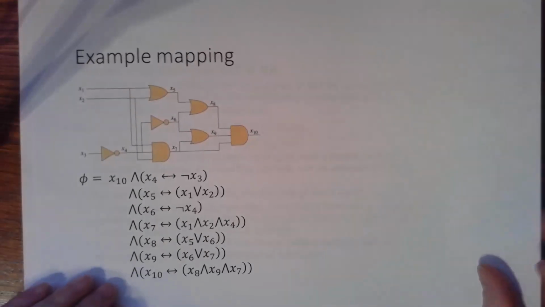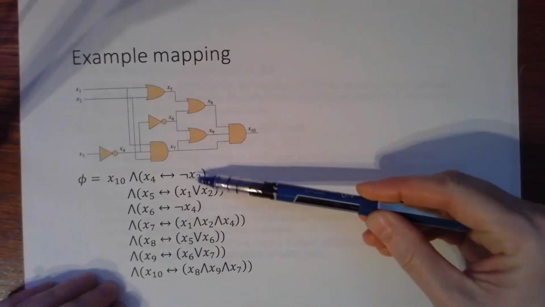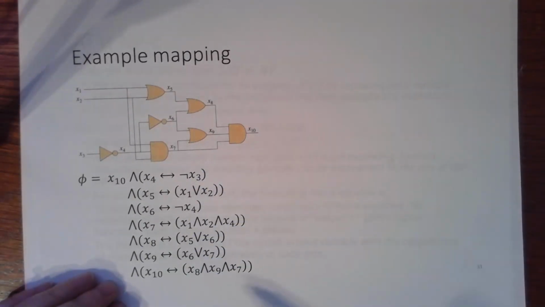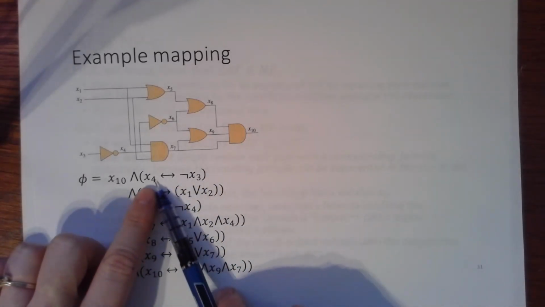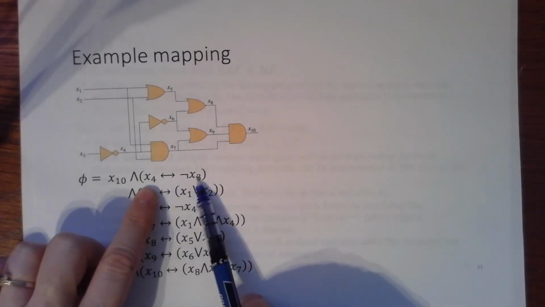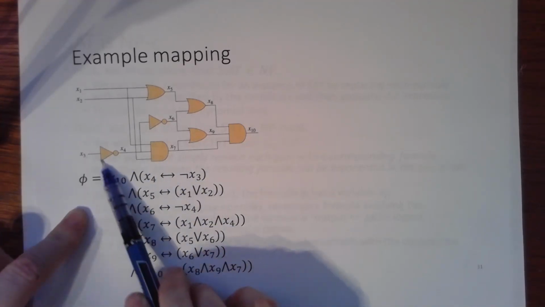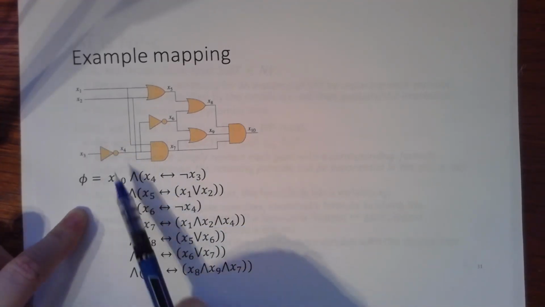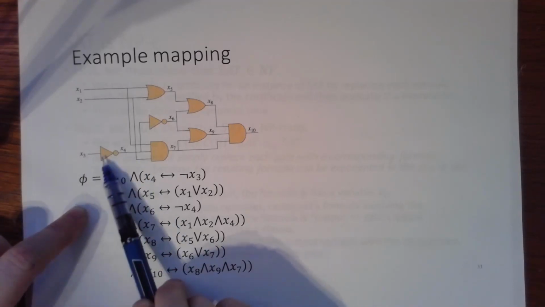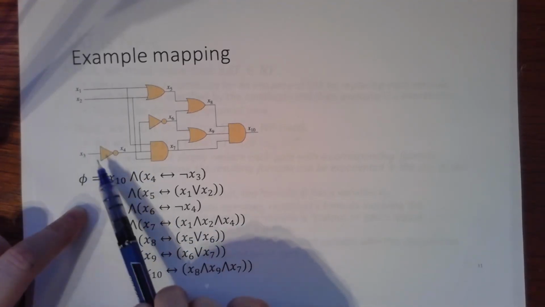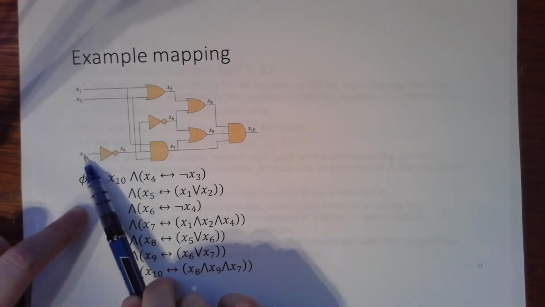So for example, these expressions right here are all of that form. If I look at this one, x4 if and only if not x3, represents this gate right here. The output right here should be exactly the same as the function of this gate, which is to negate x3.